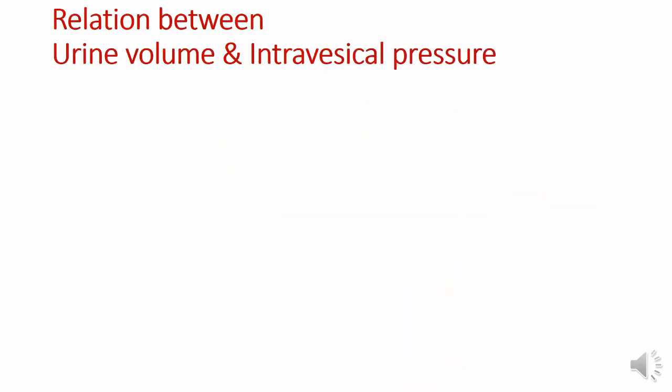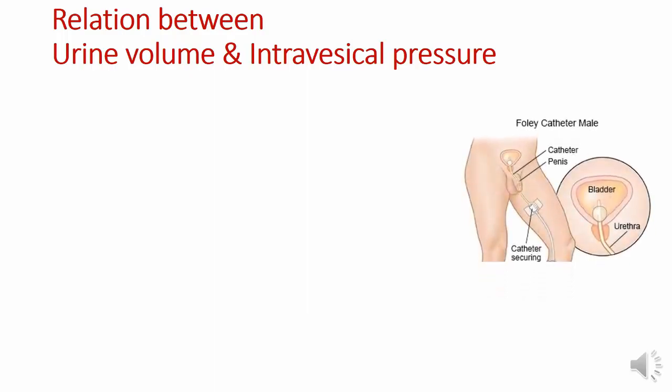The relation between urine volume and intravesical pressure can be studied by inserting a catheter and at first emptying the bladder, and then we infuse 50 ml of normal saline through the Foley's catheter into the bladder. 50 ml normal saline, and we note the pressure.